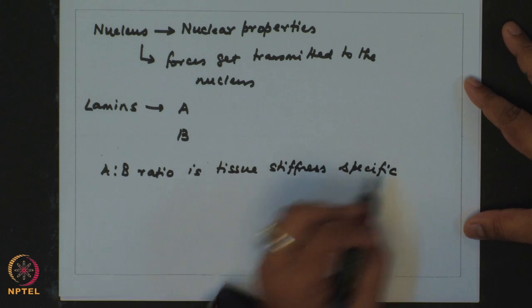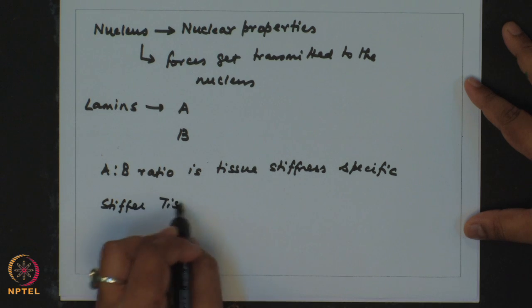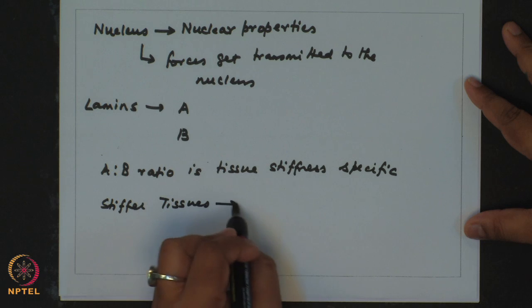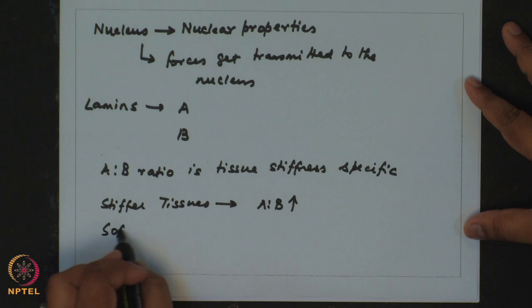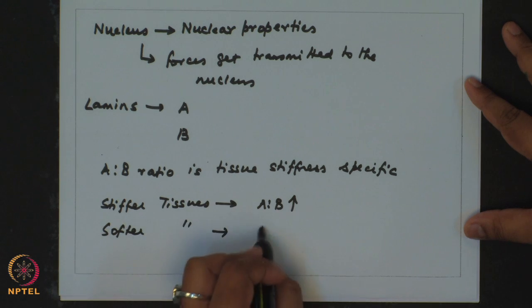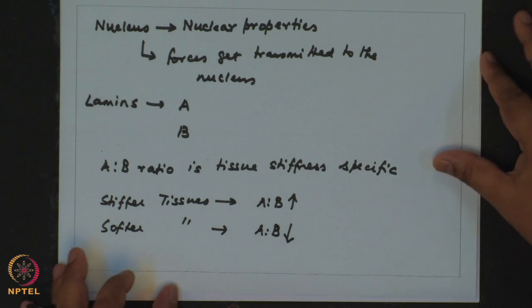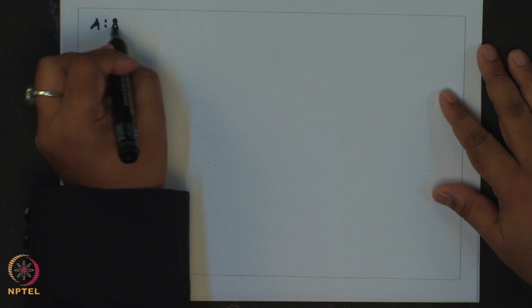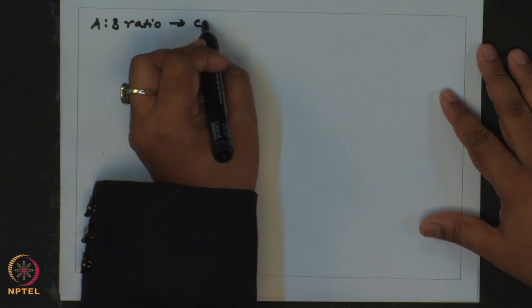Stiffer tissues have a high A to B ratio and softer tissues have a low A to B ratio. Okay. I had also discussed the implication of the A to B ratio on motility, or confined migration.